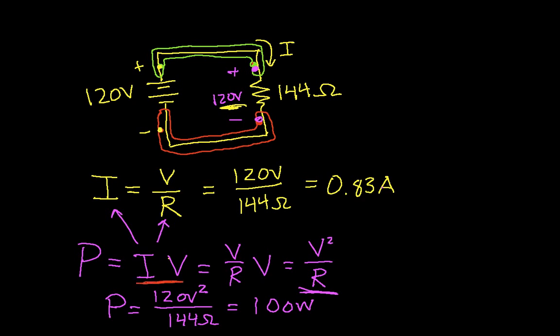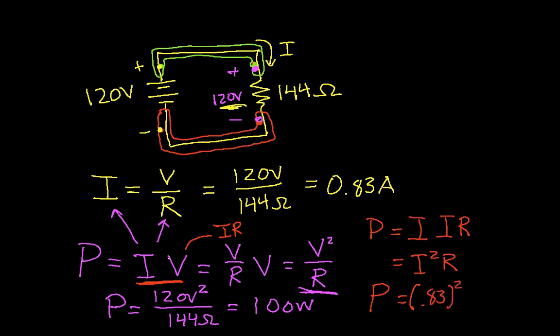And I do that by starting with this expression, and rather than substituting in V over R for I, I can substitute in for V, I times R. So I have power is I times V, but for a resistor, V is I times R. So the power is I squared R. Okay, so again, the power in my light bulb is 0.83 squared times 144.